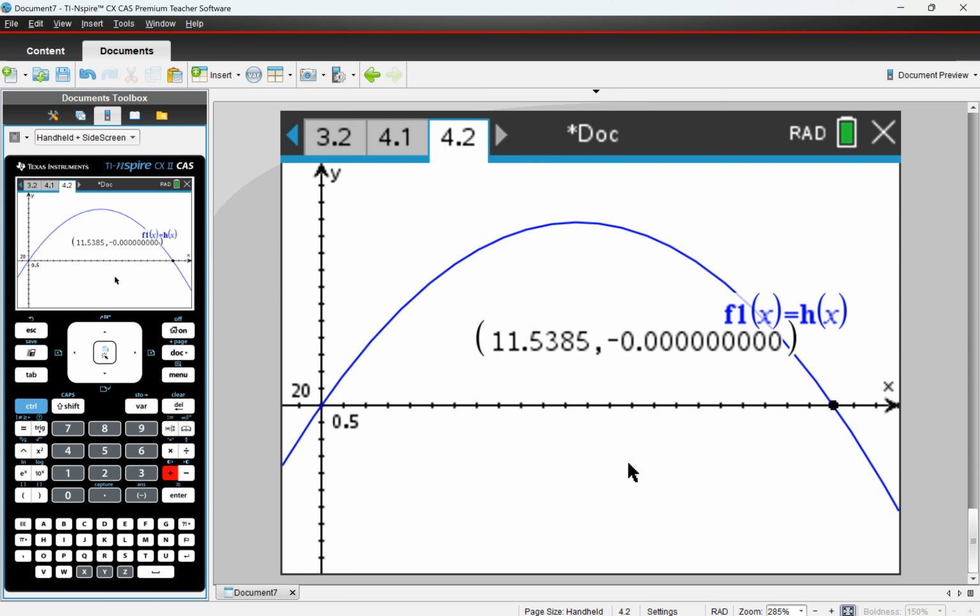Wait, why is it negative? Is that what the E means? That there's a bunch of zeros? No, E means 10 to the power of. Yeah, scientific notation. 10 to the power of negative something goes to the left, 10 to the power of 2 or 3 goes to the right.